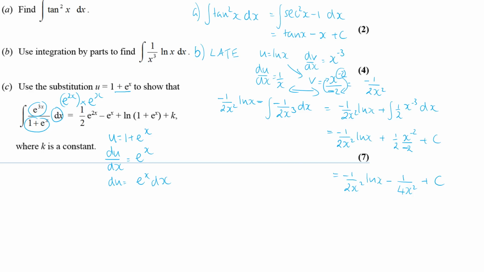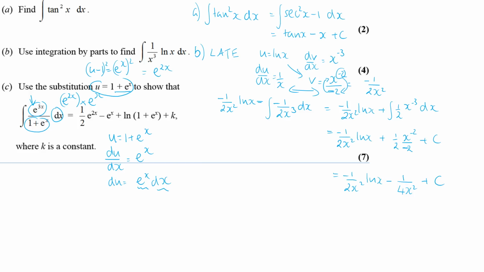That would cause me to multiply them together, and I've got one of my e to the x here with the dx, so I just need to substitute for e to the 2x, or e to the x all squared. So from the substitution, u minus 1 is equal to e to the x. If I square that, it will equal e to the 2x.